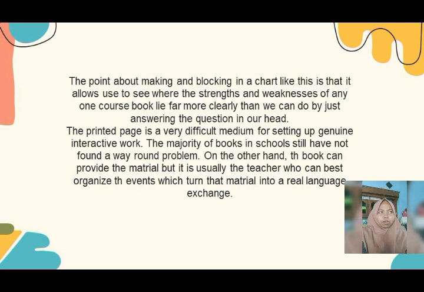So the purpose of making the questions and table and scoring the book is that you can see the strengths and the weaknesses of this book, and so you can know whether this book is okay or not to use in learning in class.